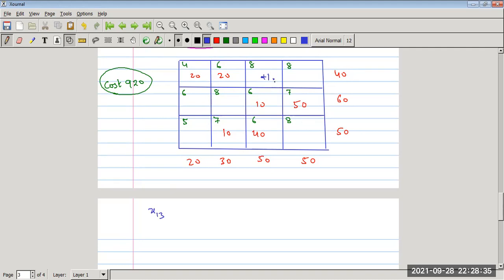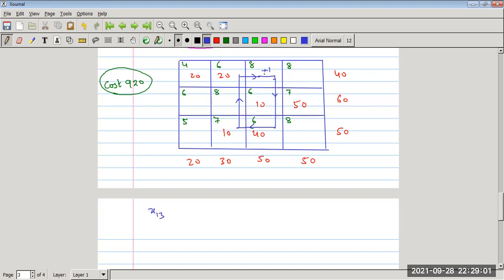We start from this point, go directly to this point and horizontally. Now we move horizontally and then vertically and then horizontally to this point. Right? So what we observe, it forms a loop. How does it form a loop? By this. Right?